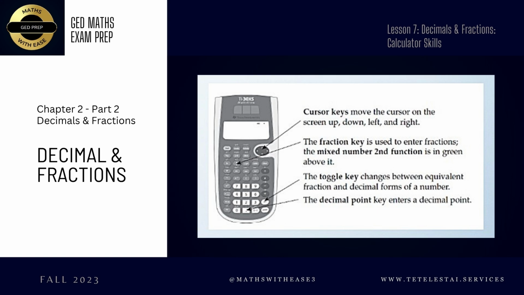So once you've pressed your fraction key, you've put in your numerator and your denominator, you press enter to get your fraction in its lowest form. You press this toggle key, and you would find your fractional equivalent displaying on the right-hand side right here.